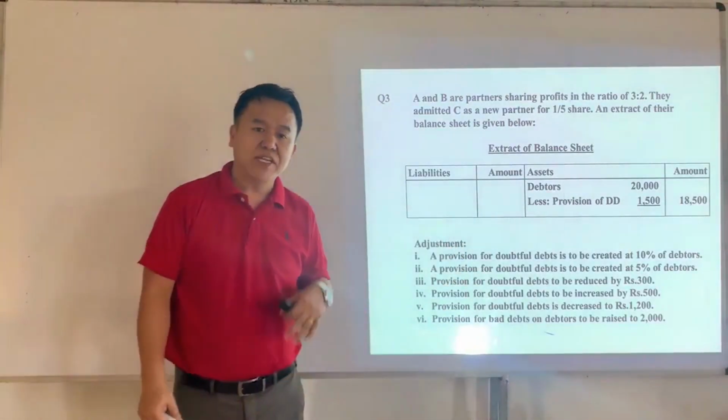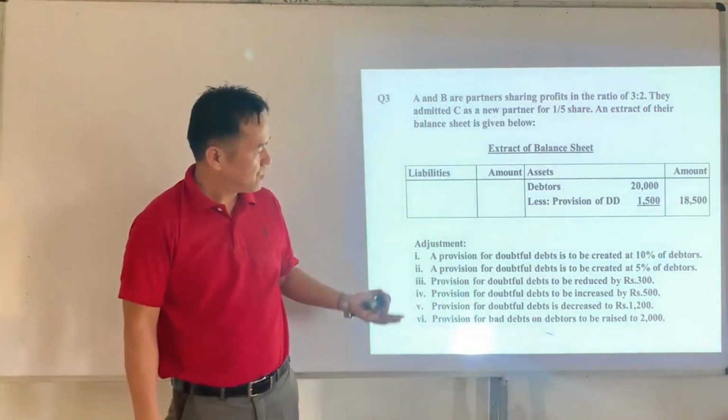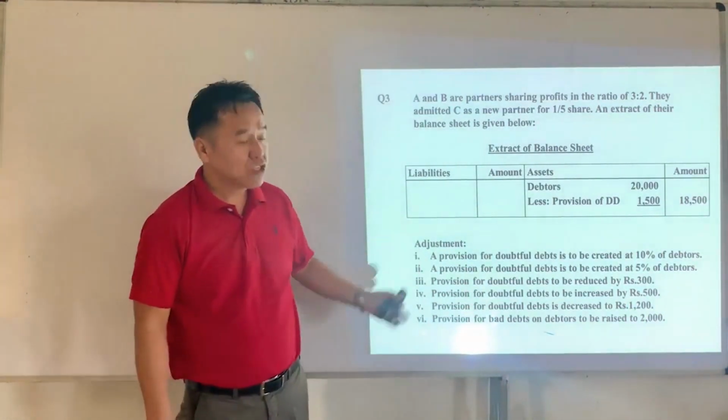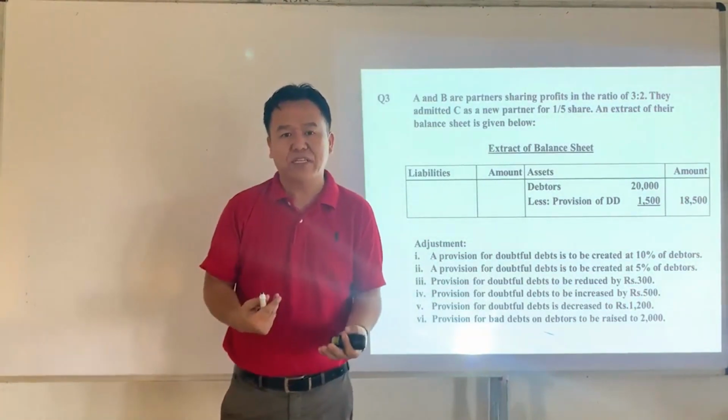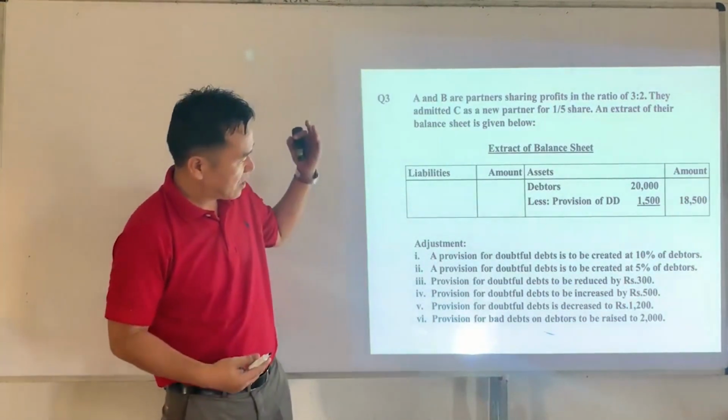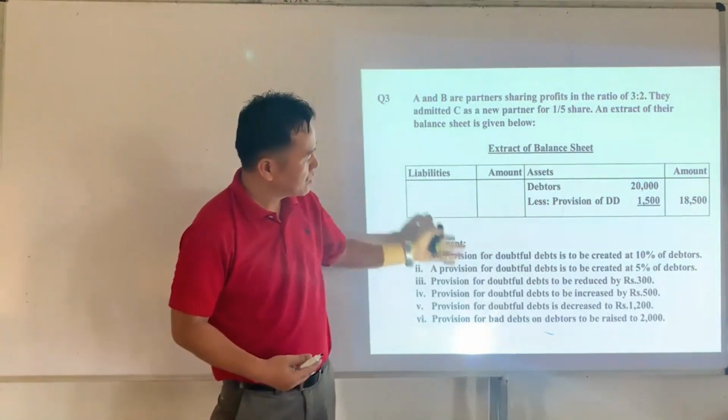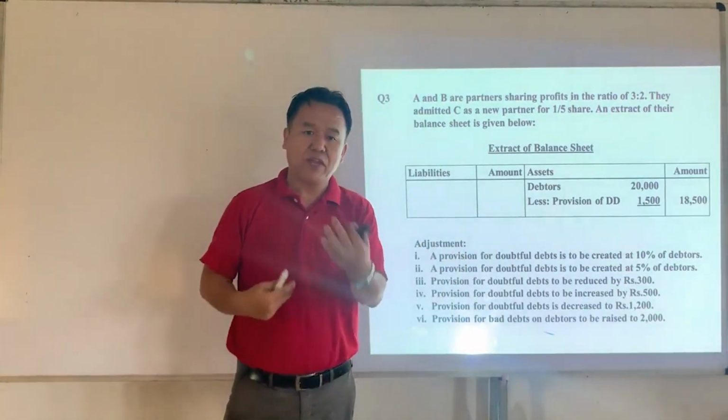Since many students get confused regarding the topic, so in order to clear your doubt and confusion, I have come up with different cases of provision for doubtful debt. I hope it will help you.